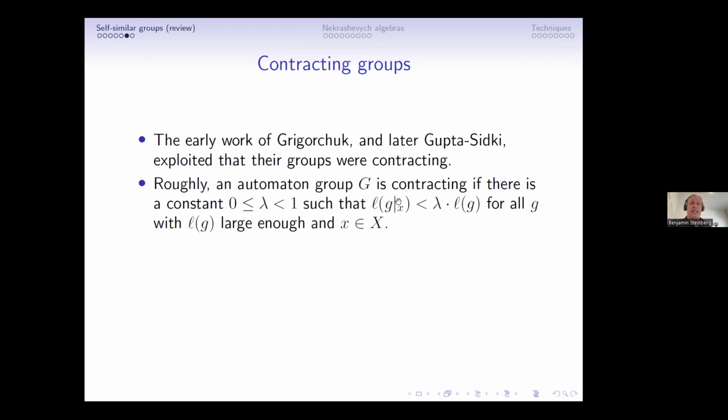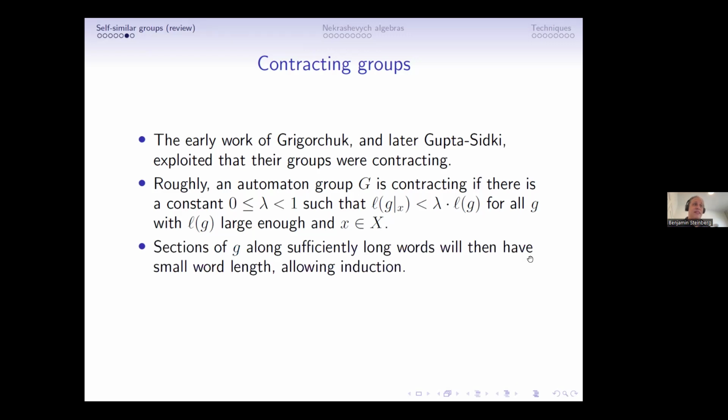These groups are finitely generated, your automaton has finitely many states, and so you can talk about word length. Very small word length things do not have to contract, but sufficiently long words should contract.